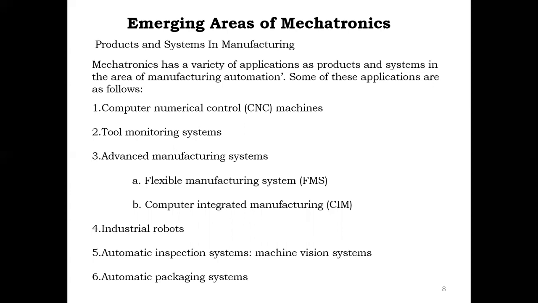Third, advanced manufacturing system, that is AMS. In AMS, we have two types: flexible manufacturing system and computer integrated manufacturing. Then industrial robots, automation inspection systems, that is machine vision systems. Finally, we have automatic packaging system. These are the emerging areas of mechatronic systems.